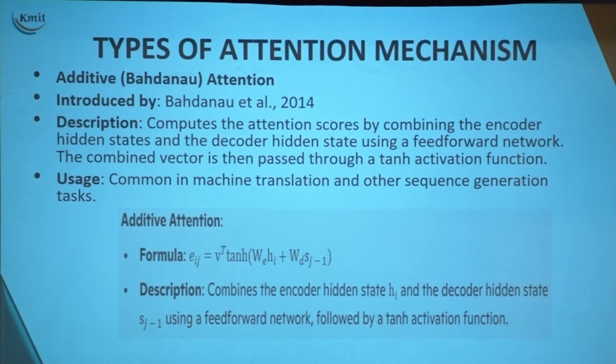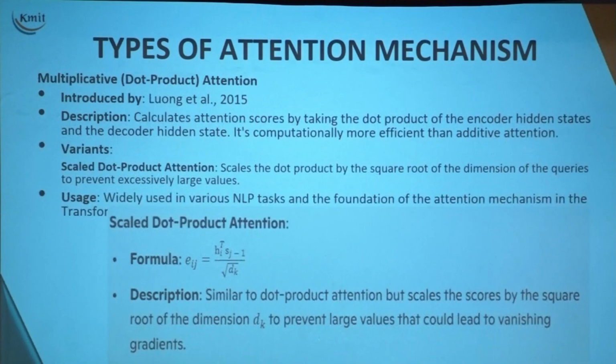So the overall operation uses an activation function like tanh and hidden states added together to create an attention score. Typically, if you are doing that, it is an additive type of attention mechanism. One type. Different mathematical operations give different attention mechanisms. When you are doing addition, it is the additive attention mechanism.